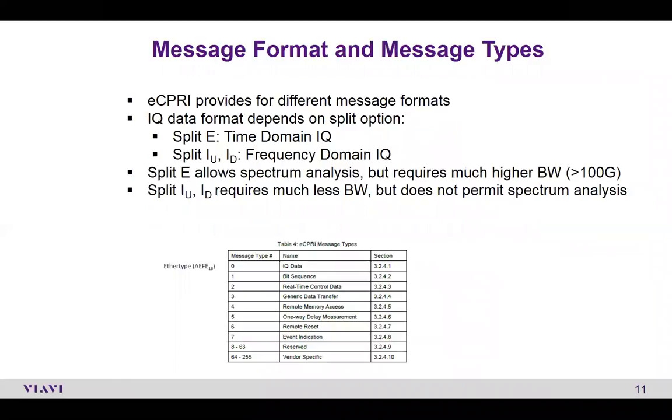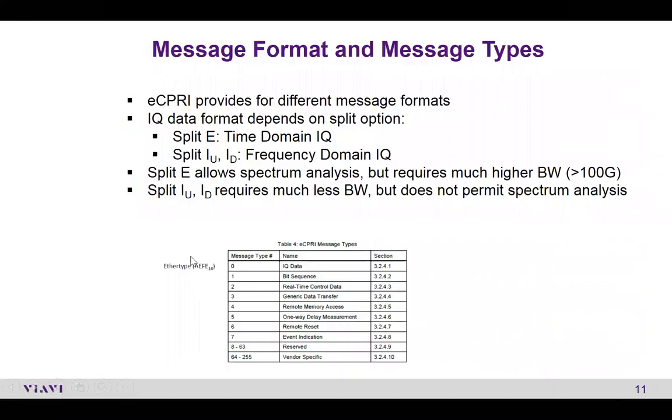So when we look at eCPRI, eCPRI has already defined an ESA type. This is the ESA type that is in the eCPRI spec. And then it provides for different message types that can be carried inside of that Ethernet pipe, I say Ethernet flow, right?